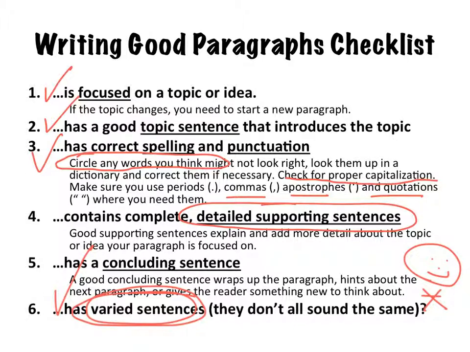You could have 7 supporting sentences. But your details are going to support whatever the focus or topic is. And it's really important that they stay on topic. Don't add details that talk about something that's not related to your topic focus. It gets distracting for readers. It's hard to follow what you're talking about.